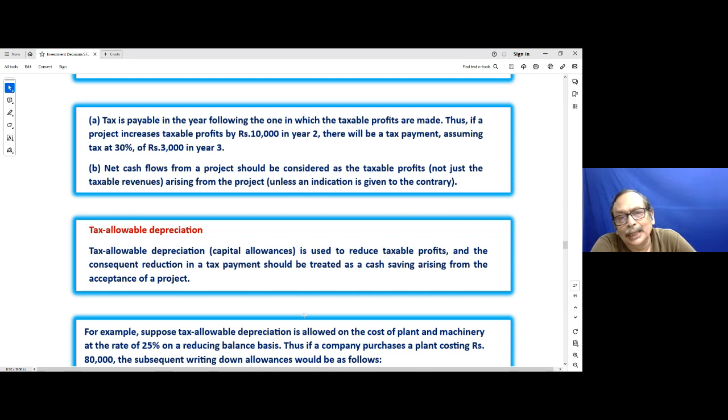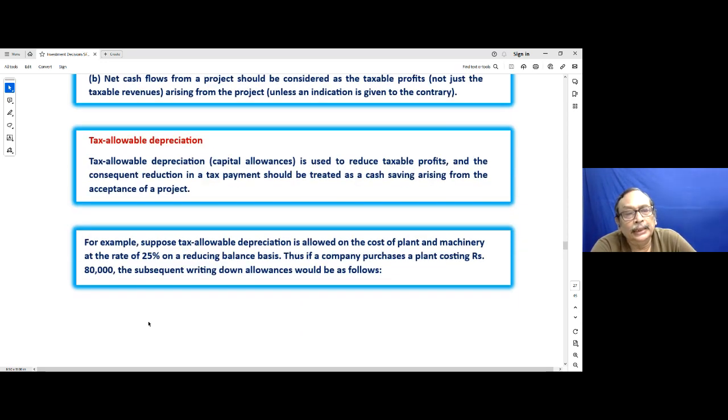Then net cash flows from a project should be considered as the taxable profits, not just the taxable revenues arising from the project, unless an indication is given to the contrary. Then tax allowable depreciation, that is capital allowance, is used to reduce taxable profits and the consequent reduction in a tax payment should be treated as cash savings arising from the acceptance of a project.